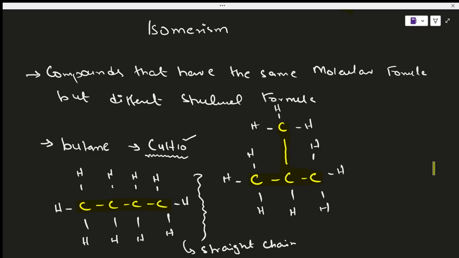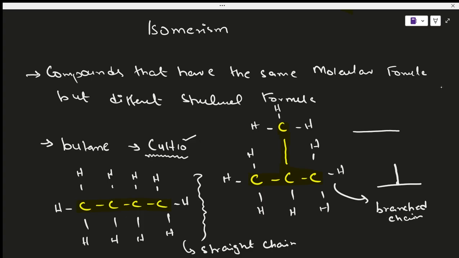Even if I show you like this, this is a straight chain, there's no point of break, nothing as a disruption. But if you look at this one, of course there is a point of break here. There is a different route, a different branch, going upwards. So this is what we call a branched carbon chain.